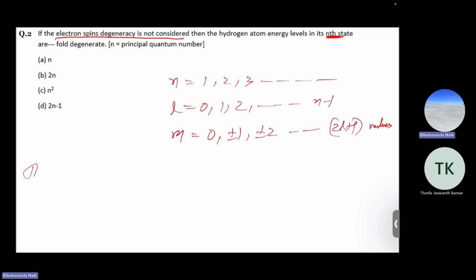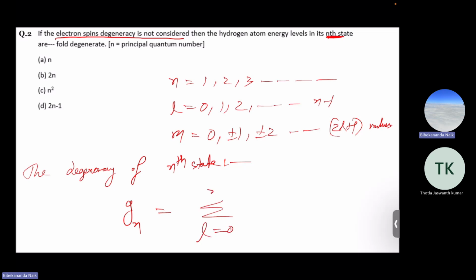So the degeneracy of the nth state, it will be Gn, and it is the summation over L from 0 to n minus 1 of 2L plus 1 values.